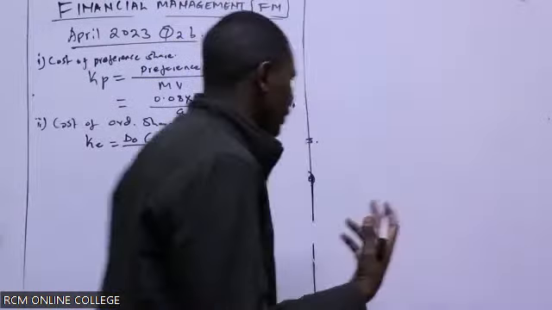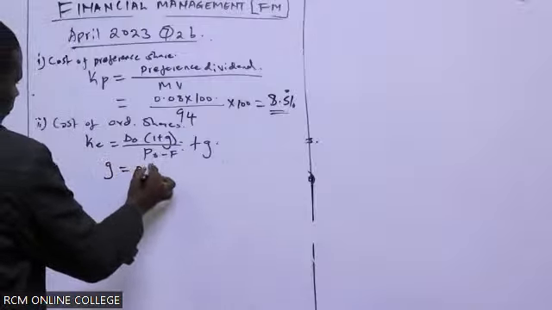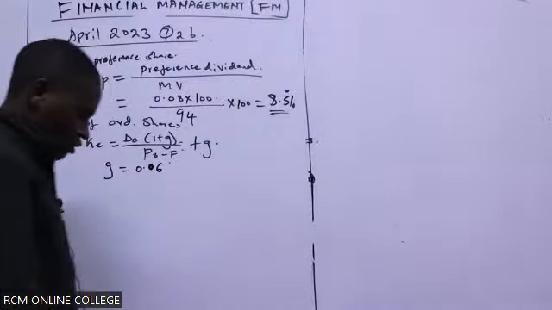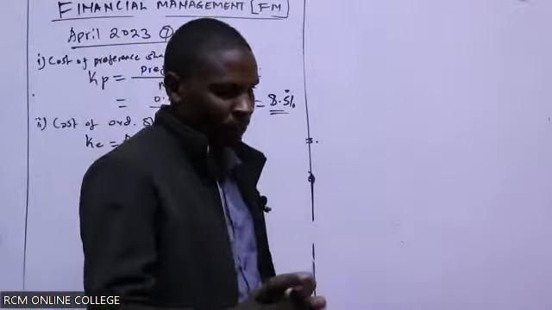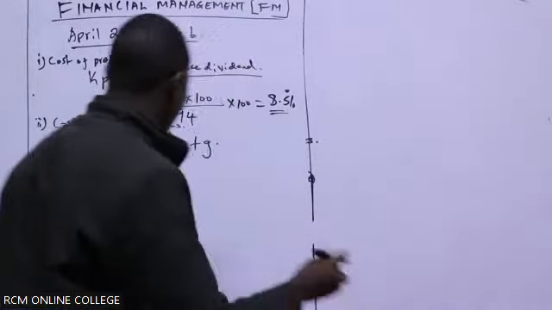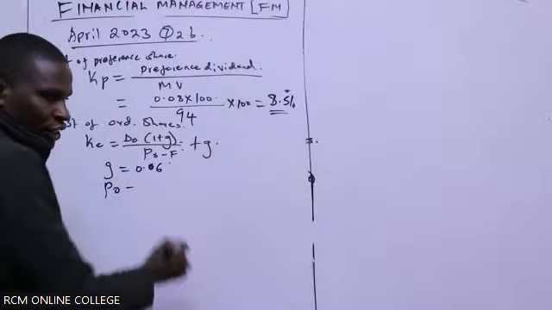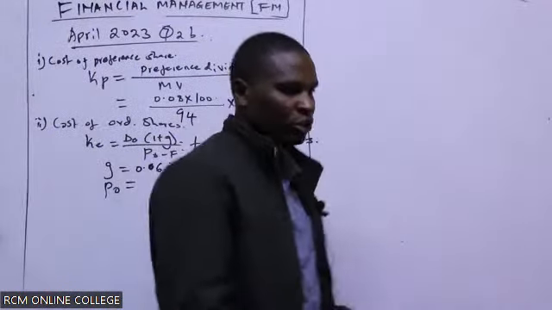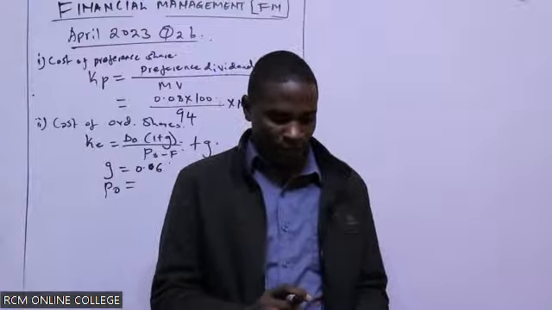Since I have g, g is equal to 0.06. That is my g. Now with that, I'm very happy. What is the current market price, my P0? Just check from the question. Once I get that, I will know I have only one item remaining, my D0. What is the market price of the ordinary share?